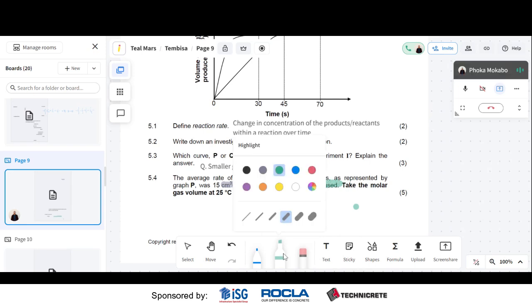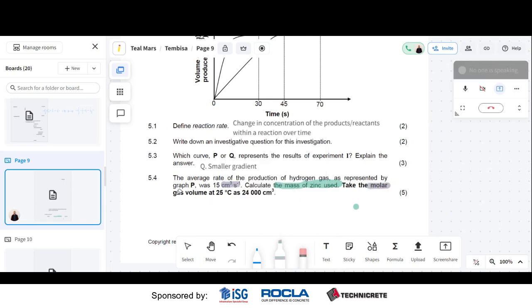And they tell you to take the molar gas volume at 25 degrees times that. Okay, 5 minutes, and we shall come back and have a look at it together.